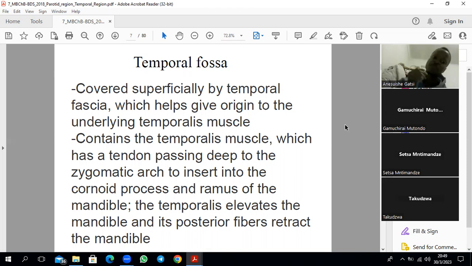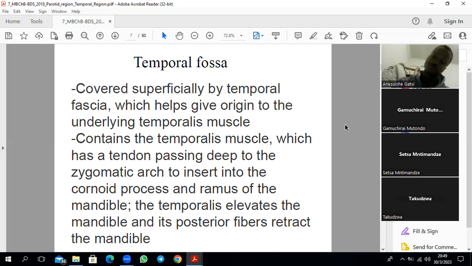The vertical fibers of the temporalis muscle are the ones that elevate the jaw. Then the posterior fibers of the temporalis that are horizontal retract the jaw, so they pull the mandible backward.